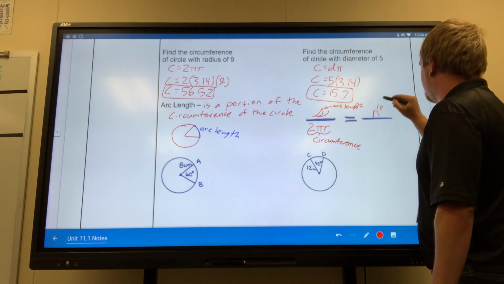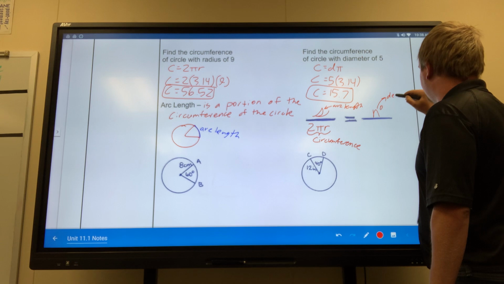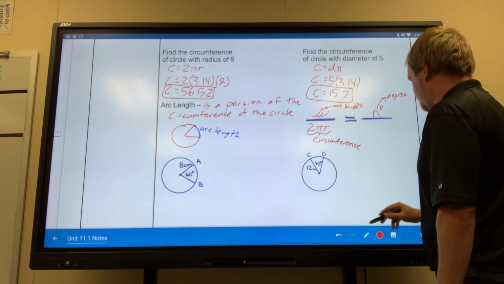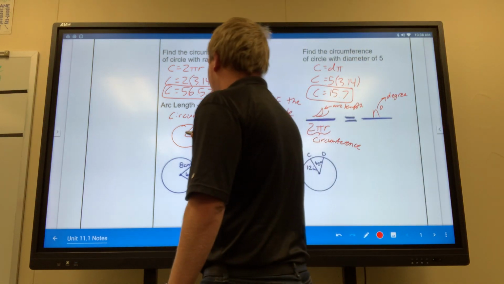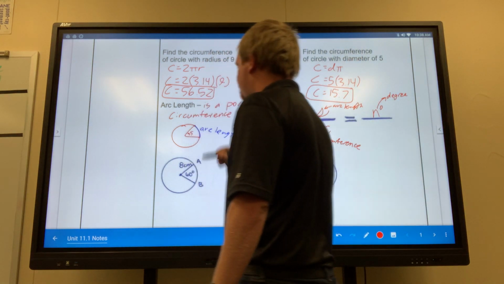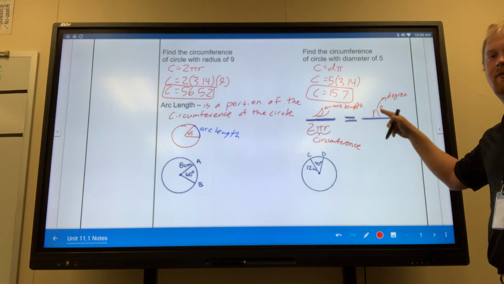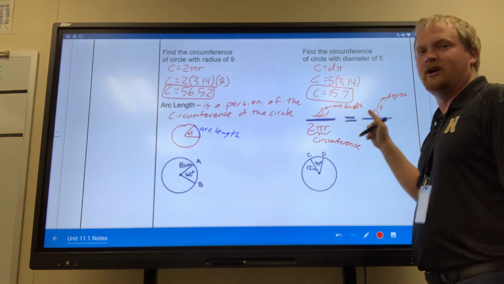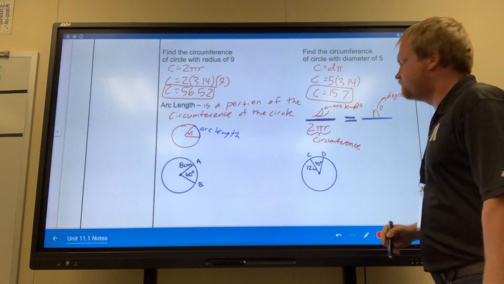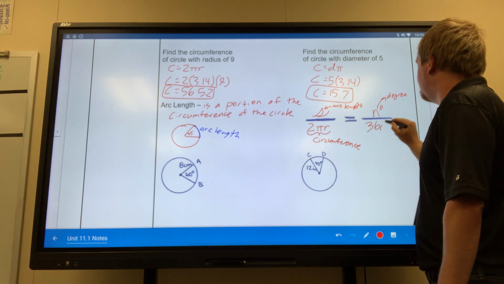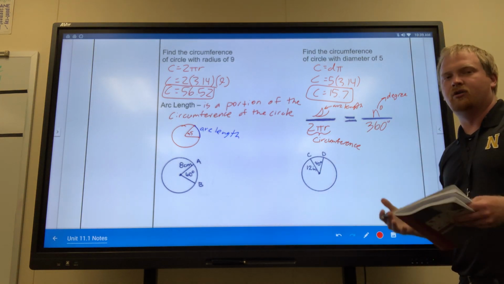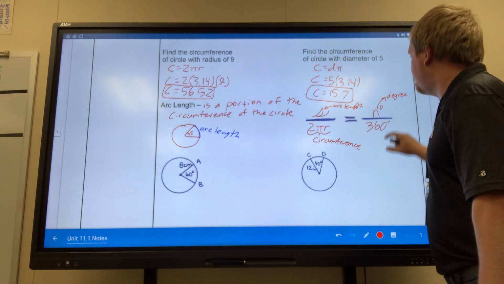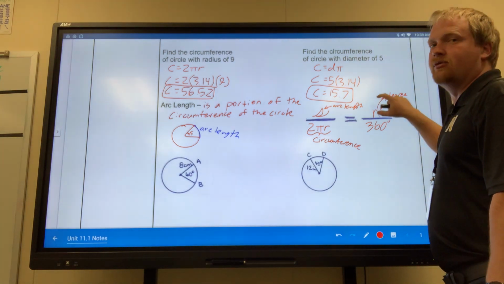We have to know n, the degree, or at least the angle of the degree. So for example, if this is about 35, we will put 35 here, whatever the degree of that angle. And then 360, because that's the whole degree of a circle. The whole angle of a circle is 360, and we only need 35 degrees of it.